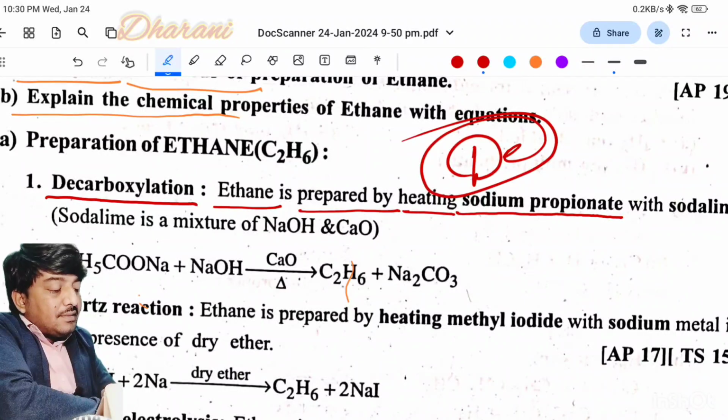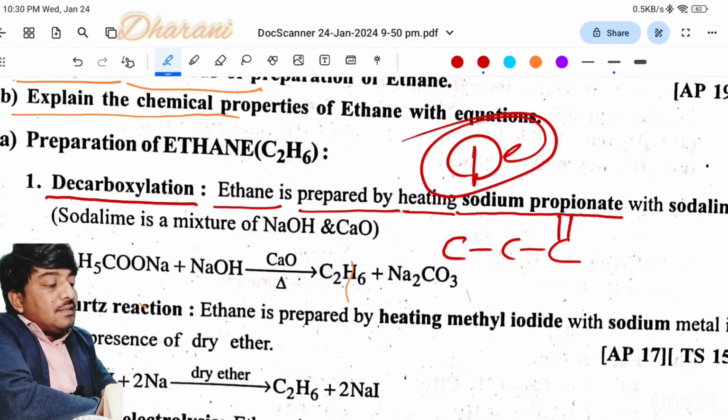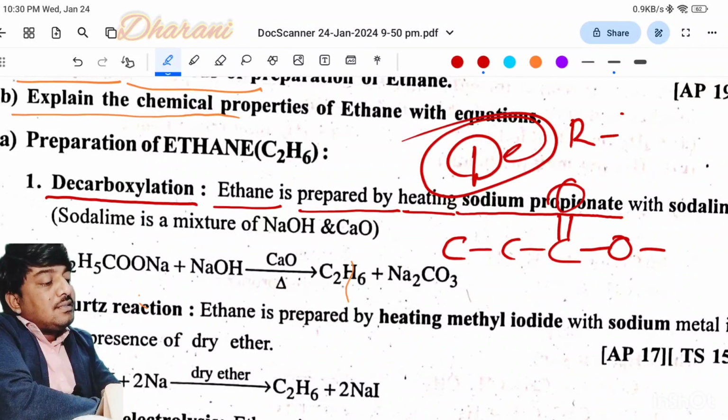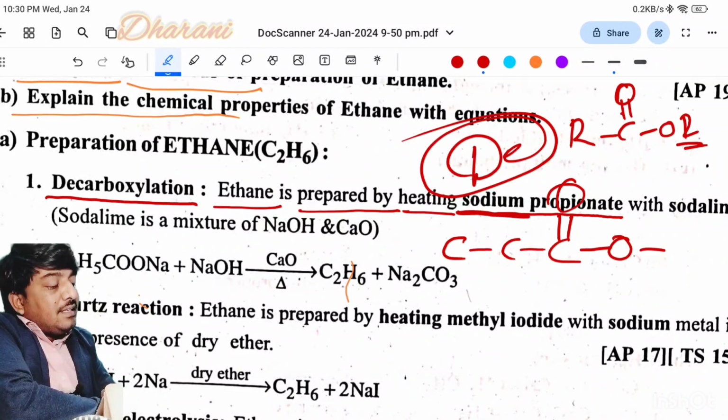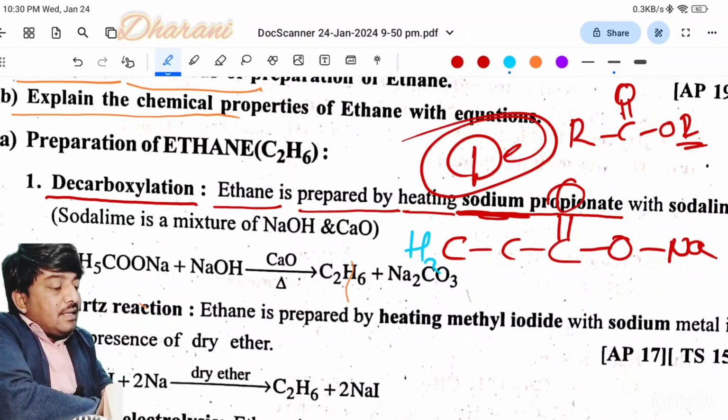Propane has 3 carbons. The ester formula is RC double bond OR, and since sodium is present, it is Na. Carbon valency 4. Reacting with soda lime. Soda lime means the mixture of NaOH plus CaO.